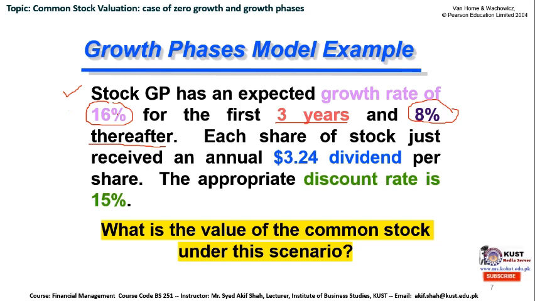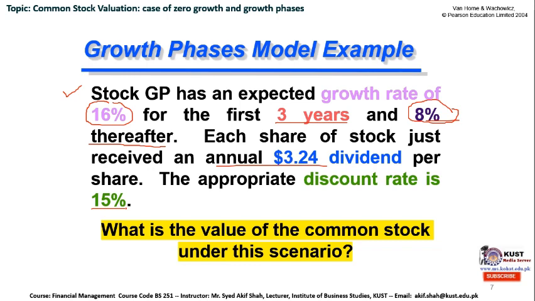So G1 is 16% and G2 is 8%. And then the question states each share of stock just received an annual dividend of $3.24, which is D0 in this case. The appropriate discount rate remains the same as in the previous example.